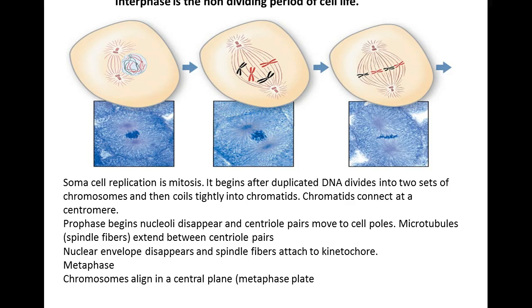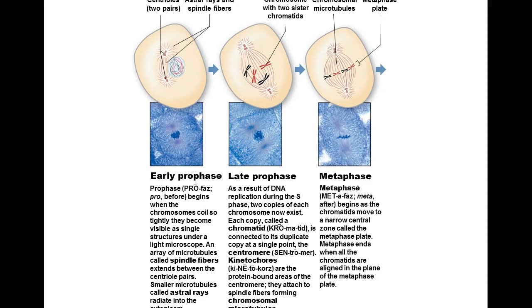Now, when they are lined up down the middle, we think of that as metaphase. So prophase is the actual disappearing of the nuclear membrane, the nuclear envelope, and then this organization of the chromosomes. Metaphase, the chromosomes are organized, lined up down the middle.